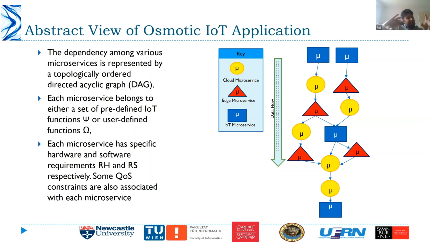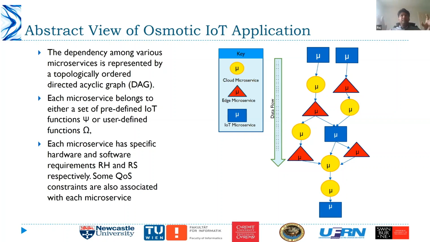They may use the same Docker kind of engine to create these microservices, but they are different colors because they might have different hardware and software configurations, which are controlled by your underlying infrastructure. For example, if your edge device has very inferior hardware configuration, then you can't just take a cloud microservice and run it there. You need to adapt your microservice for the edge layer. That's why they are different colors.